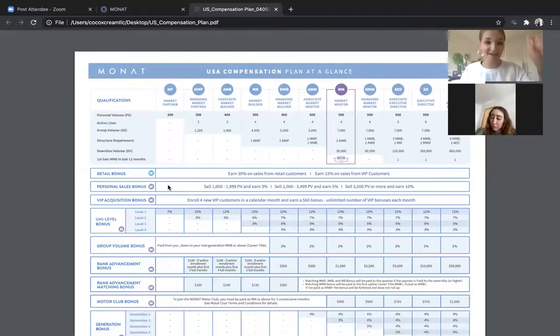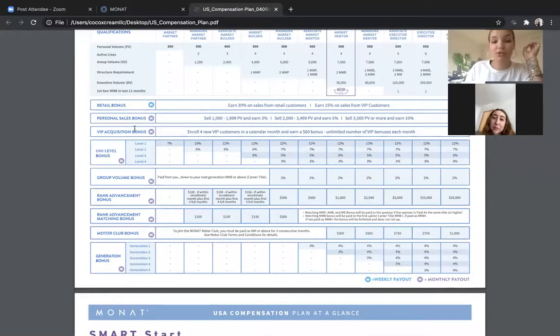It doesn't stop there. There's also a VIP acquisition bonus, which is why, again, we push for VIPs. So even though with retail customers you get 30%, for every 4 VIPs that you recruit in a month, you get an additional $60. Oh, wow. So that means you'll get your 15% plus your personal sales bonus if you hit these sales marks, plus the additional $60 for every 4 VIPs in a month.